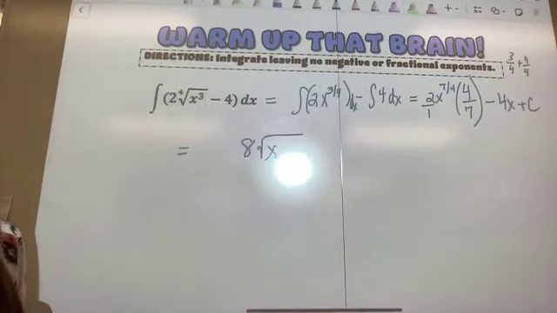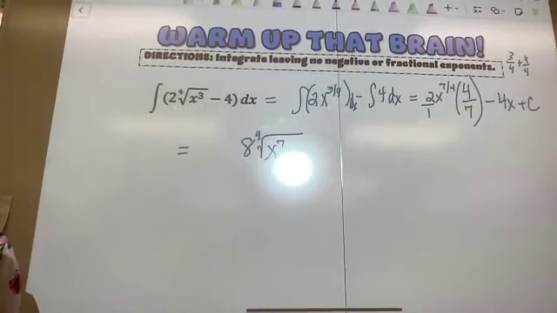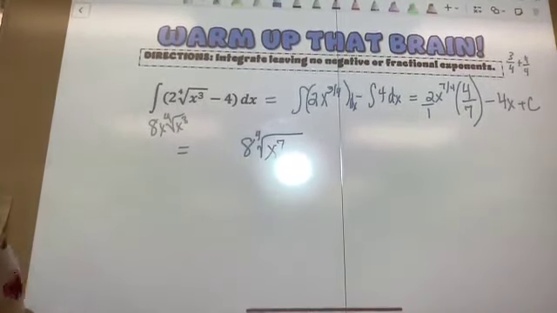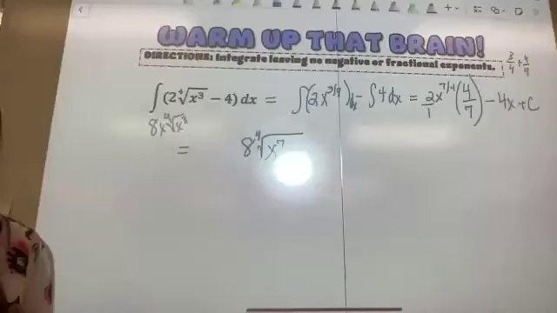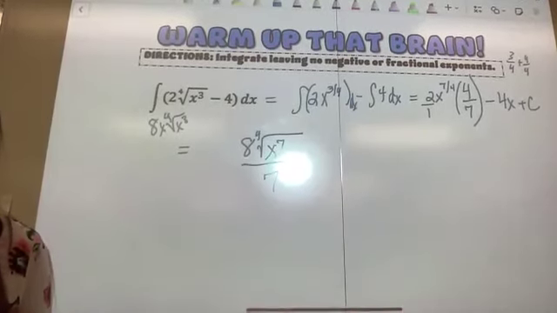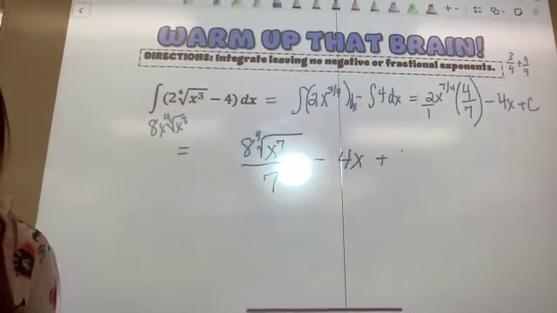The 4th root of x to the 7th. I'm okay with you leaving it like that. I know you could also simplify the 4th root of x cubed further, but I'm not going to make you do that. So it's minus 4x plus c.